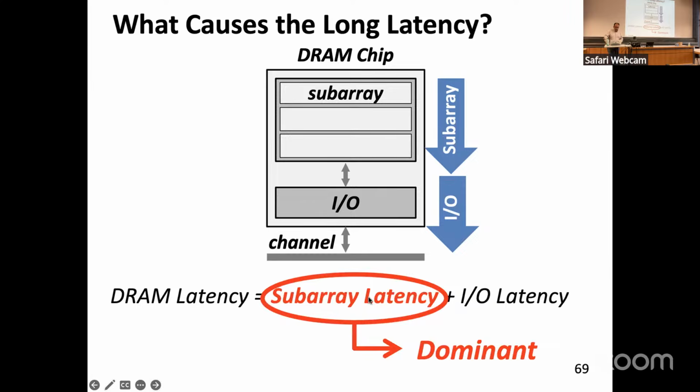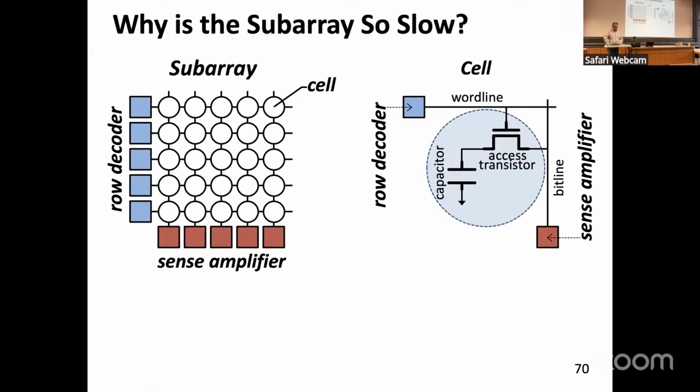There are a lot of works, and from the datasheet also we can see that subarray latency is dominant. The main reason is that in the subarray the bitlines are long. When you want to operate on that, you have a long bitline, and that long bitline will cause you a lot of latency.